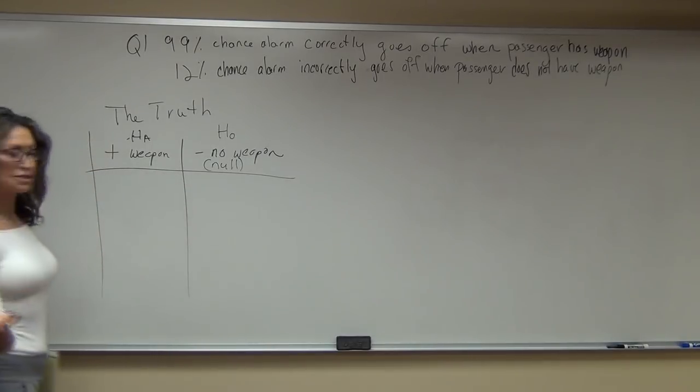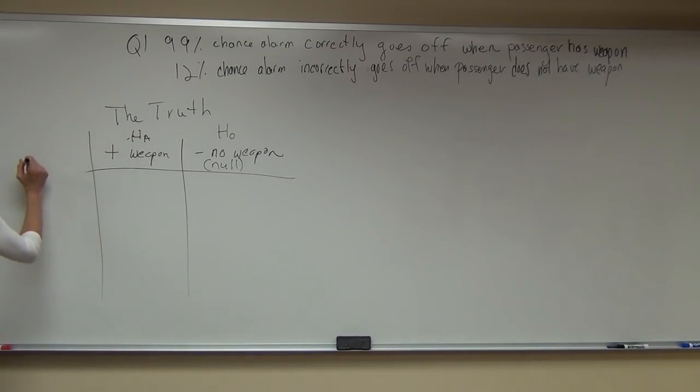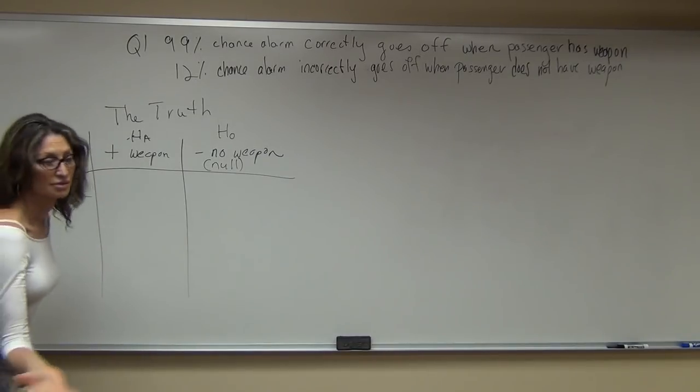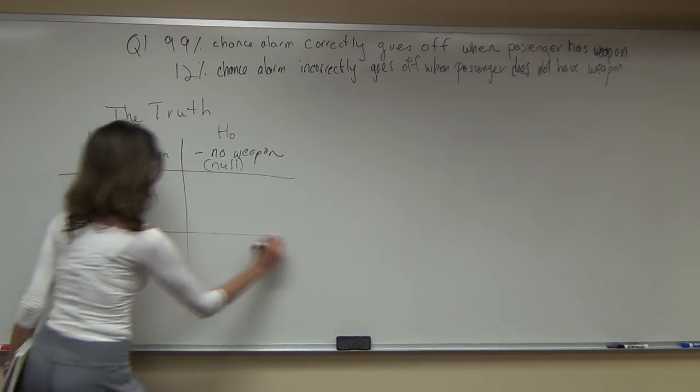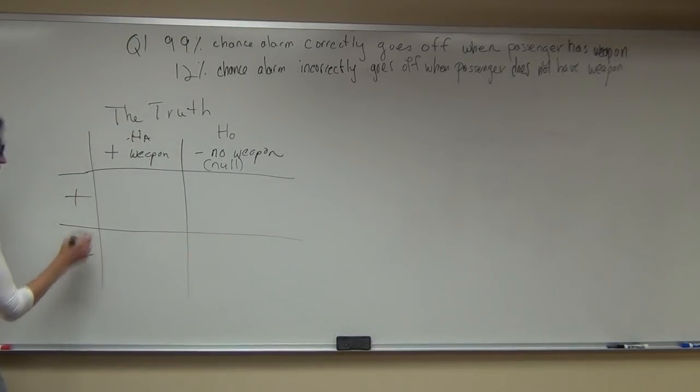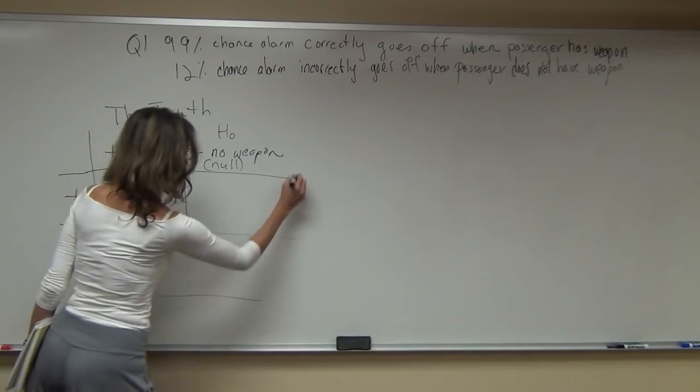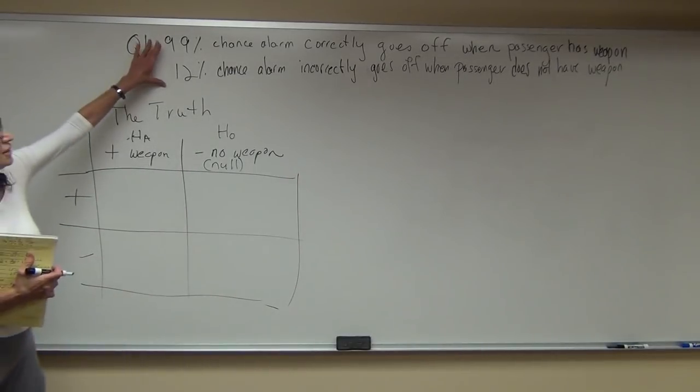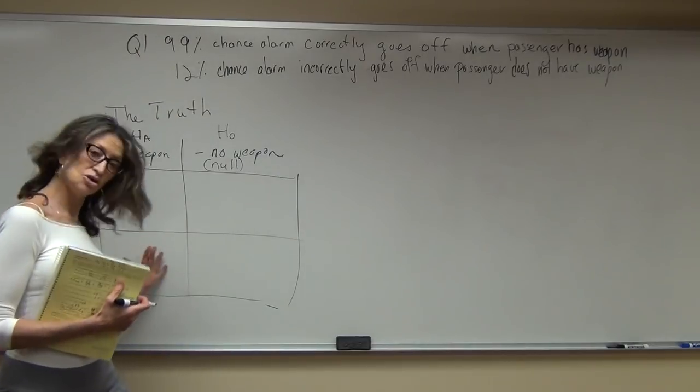And then we make a decision. This is our decision over here, and we can either decide, yes, there is a weapon and the alarm will go off, or no, there's not a weapon. That's our decision, right? And so now we can fill in this chart.